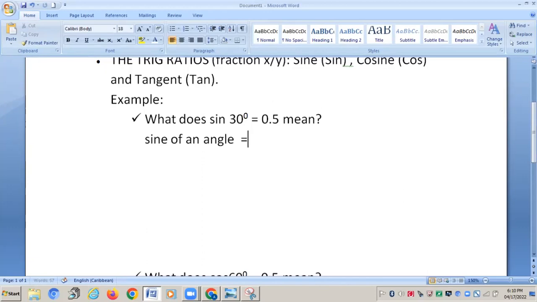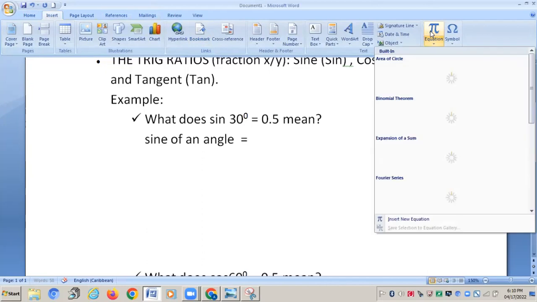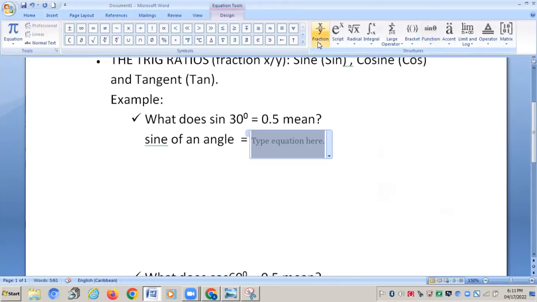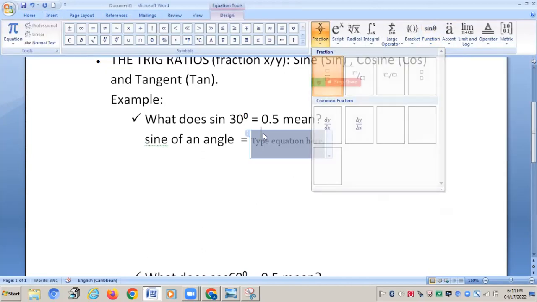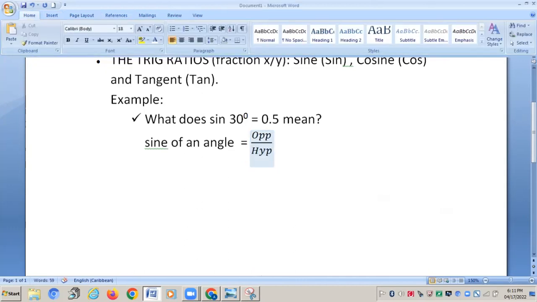So sine of an angle is equal to opposite over hypotenuse. The opposite side divided by the hypotenuse. Or for short, some call it SOH.